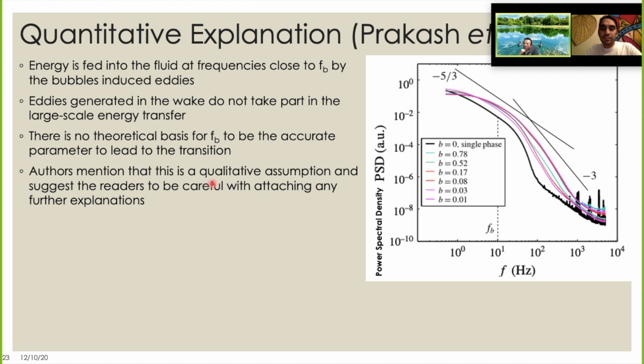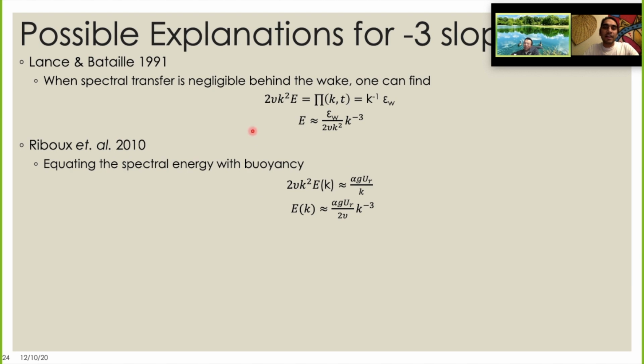However, the authors mentioned that this is a qualitative assumption, and the reader should be careful about making other assumptions or explanations from it, because it was a qualitative analysis.